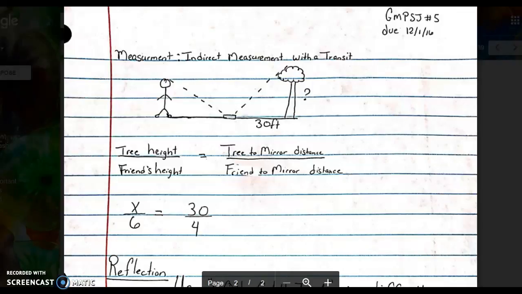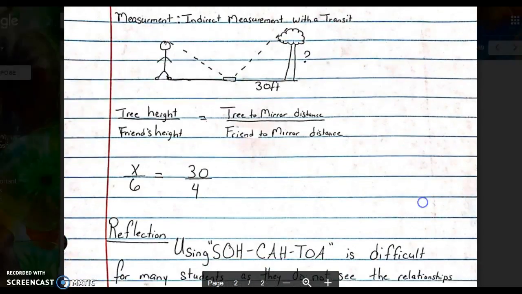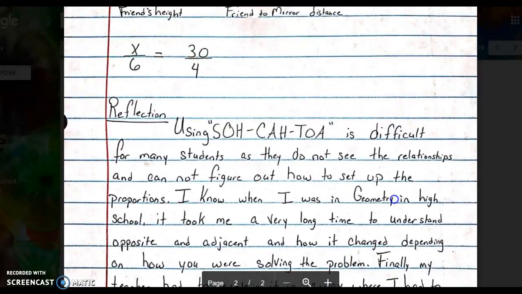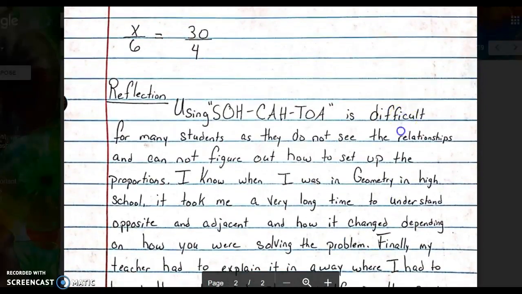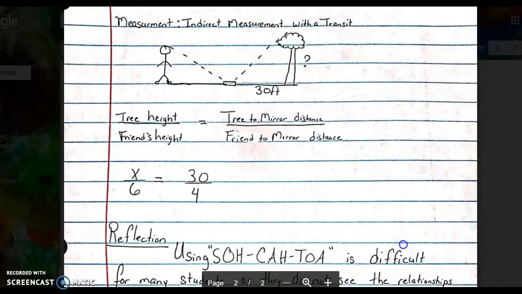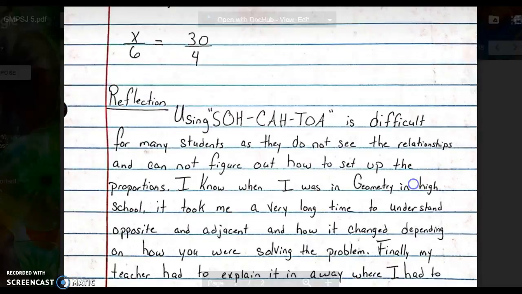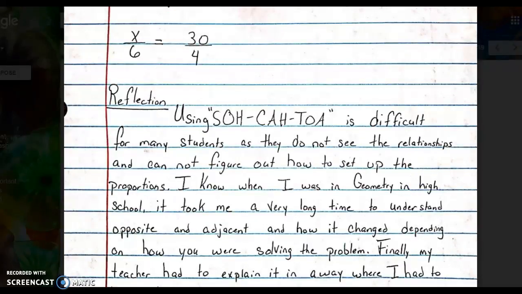And we have tree height, and then your friend's height, because your friend's doing this, and then you have a mirror in the middle of the two. So, I don't think I actually solved this one out, but I did see that they wanted us to use sine, cosine, tangent.